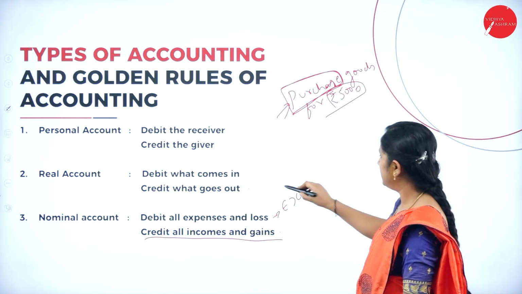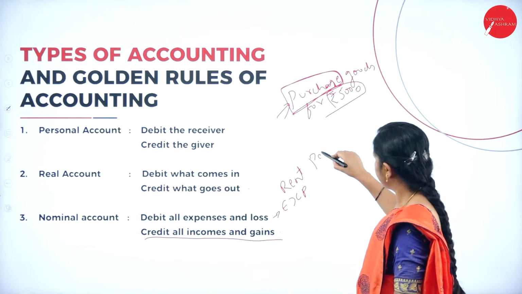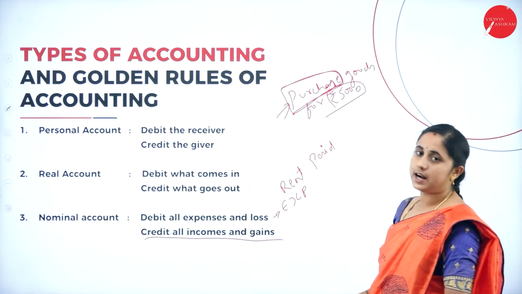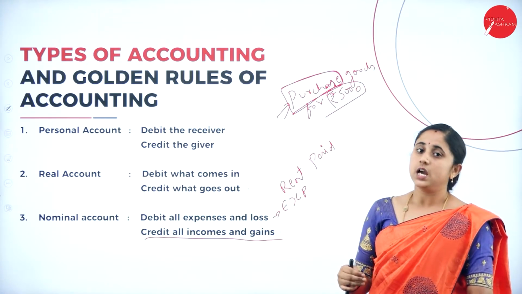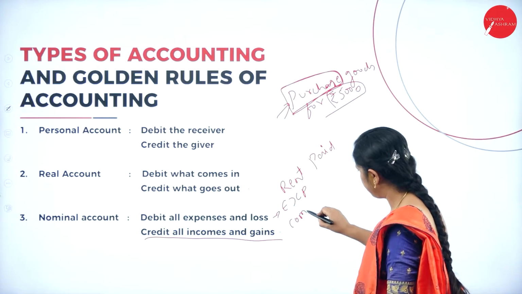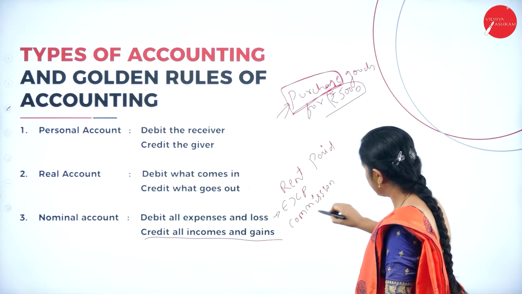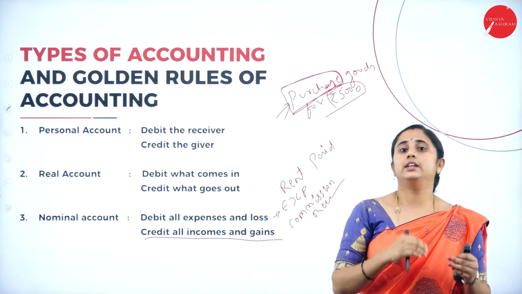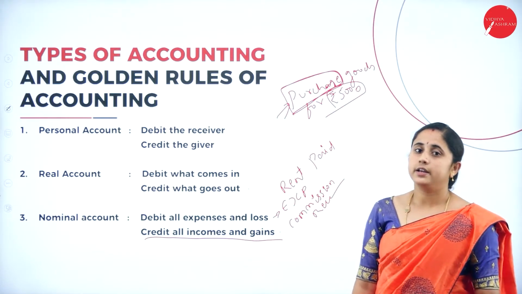For example, rent paid. Credit all the incomes, the income you are receiving. For example, commission received. Commission received is an income for the business, so you need to credit the income.